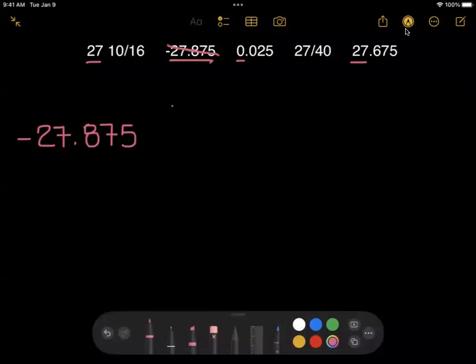Okay, so let's write 27 over 40 as a decimal. I'm trying to think of what I could divide those by. I don't think I can simplify that, so I'm going to just use division to turn that into a decimal.